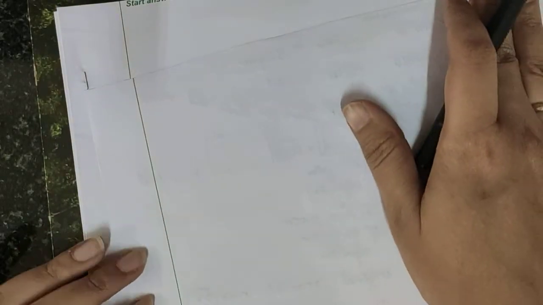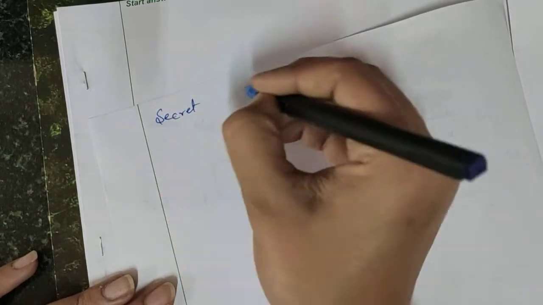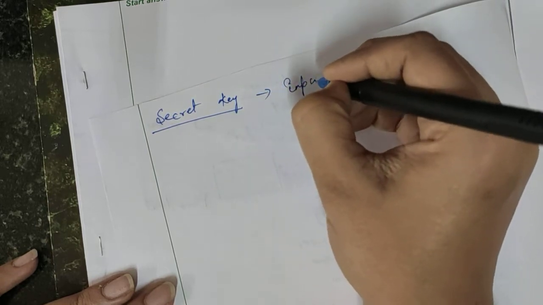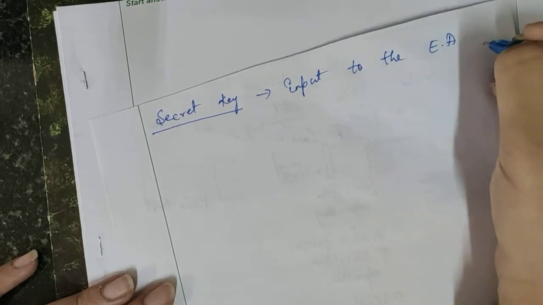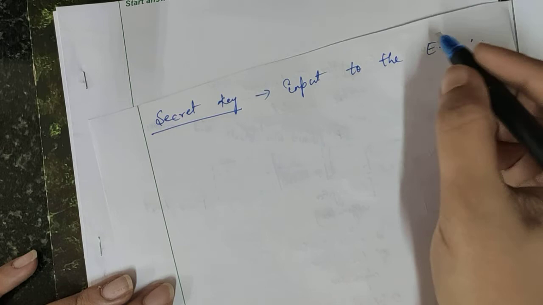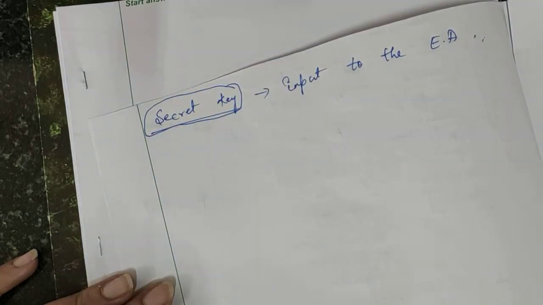Similarly, the next important terminology is the secret key. How do you define your secret key? Secret key is also an input to the encryption algorithm, and the algorithm will produce different output depending on this specific secret key, right?